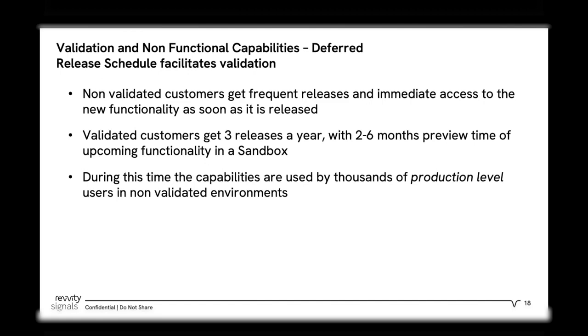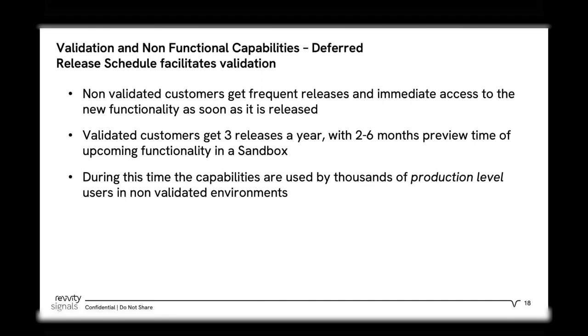And for any feature coming down to you, you get somewhere between 2 and 6 months of preview time of those features on our frequent release schedule in a sandbox. So you can preview those capabilities, decide how to configure them, decide if you're going to roll them out, prepare the validation activities that you need to conduct.